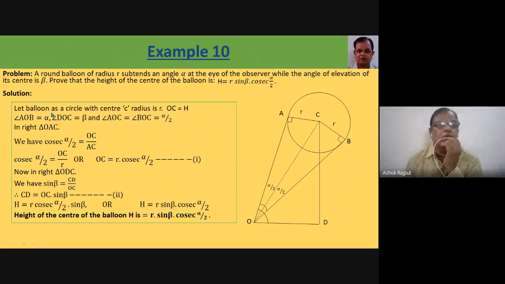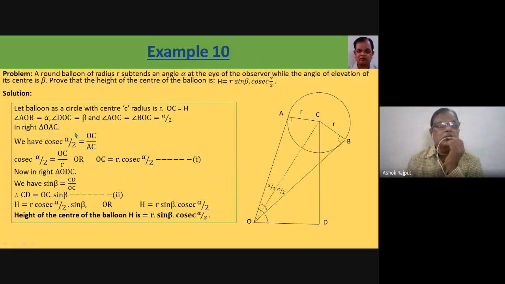Let the balloon be a circle with center C and radius r. It is wrong here. It should be CD.